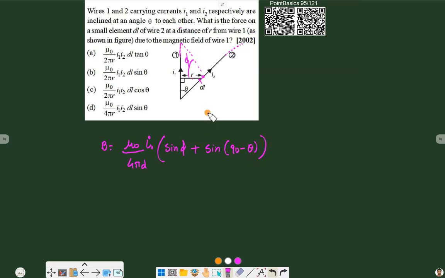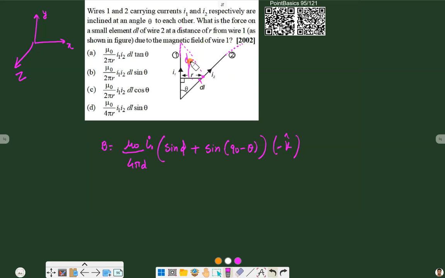And the direction of the magnetic field, using the right hand screw rule, will be into the page. If we draw the axes like this, x, y, and this out of the page is z, so it will be negative k. So the direction of the field will be in the negative k direction.